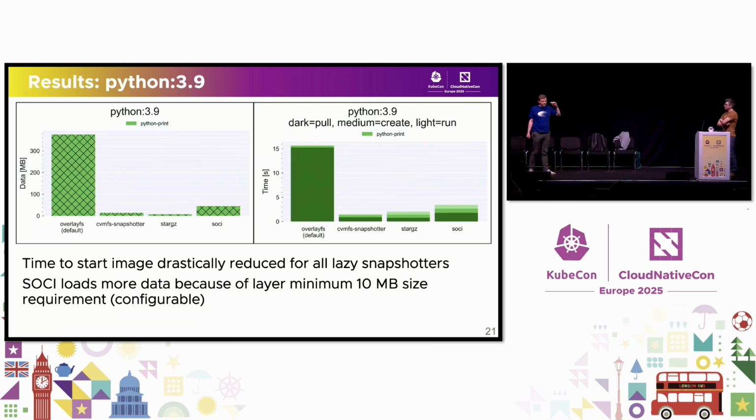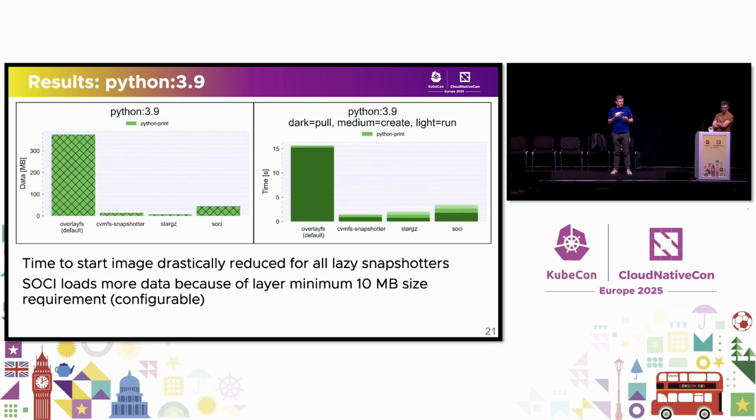You can see that overlayfs downloads the entire compressed image, whereas all the lazy snapshotters download significantly less, something like 10% or even less of the data. There are some differences that have to do with the way the snapshotters work and how they're configured, but you can see there's a significant reduction.